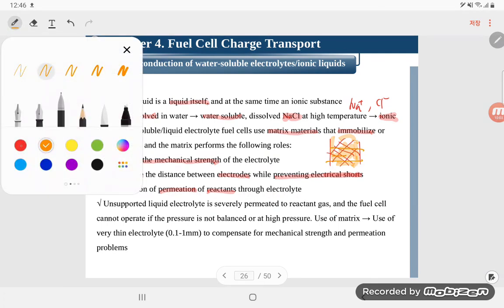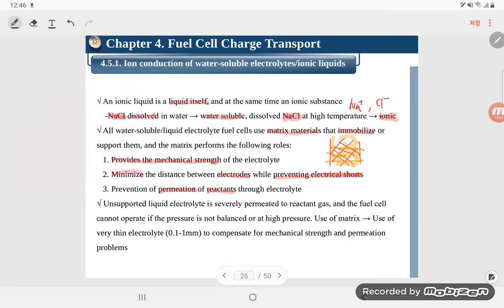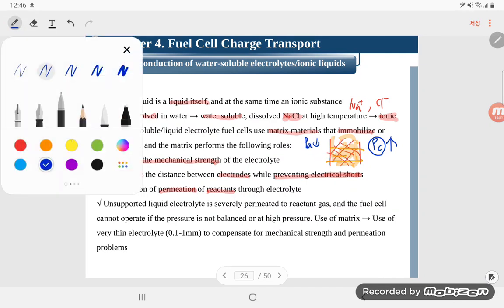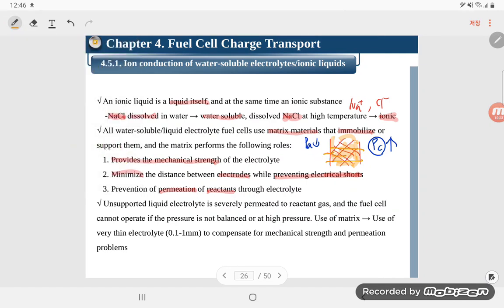What this means is, if there is a pressure in the cathode, and if there is a pressure in the anode, and if the cathode pressure is higher than the anode, then this liquid leaks to the porous material on the anode side, and it goes out, and there would be a vacancy in here.